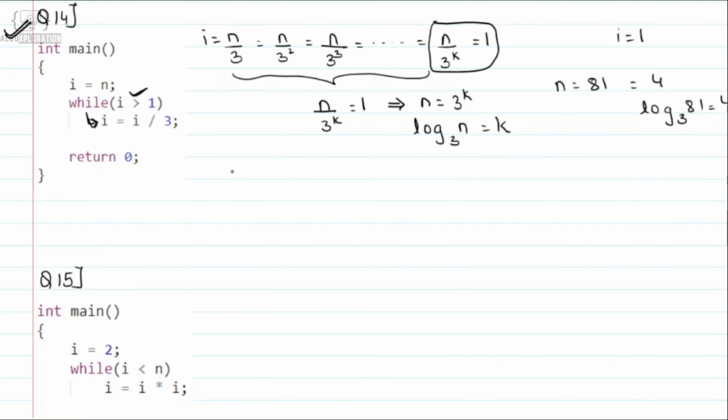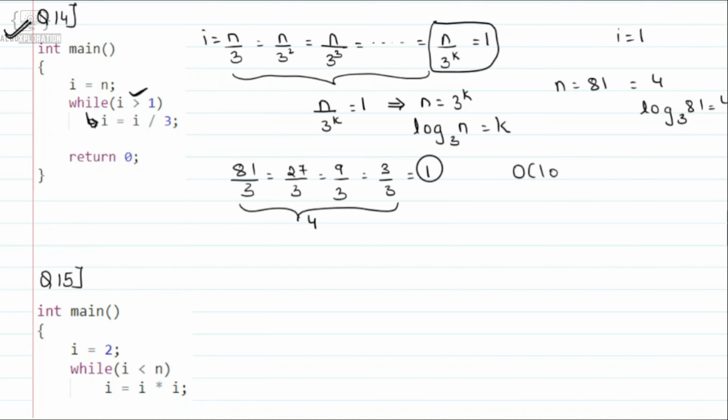Let's see. 81 by 3 is 27. 27 by 3 is 9. 9 by 3 is 3 and 3 by 3 is 1. So here the while loop will terminate and we are dividing 81 by 3 four times. Therefore the time complexity of this problem is order of log n base 3.